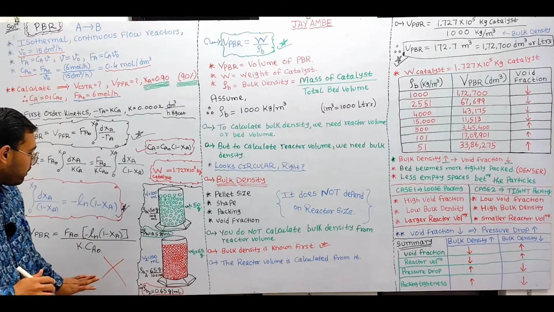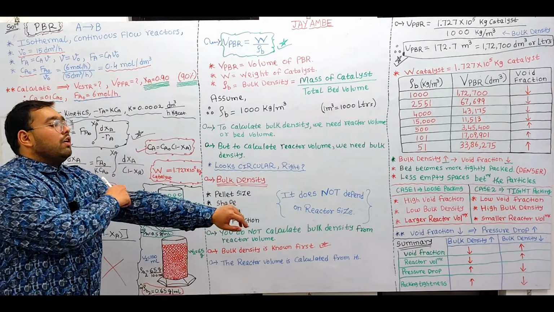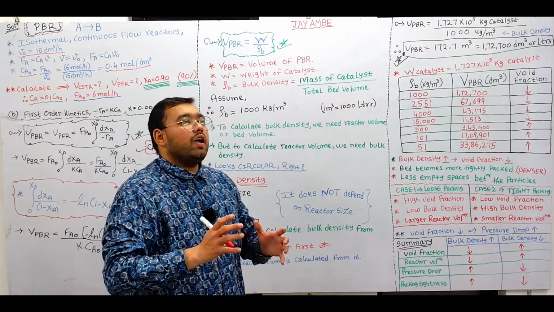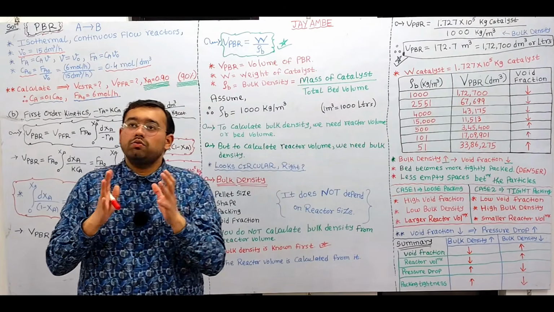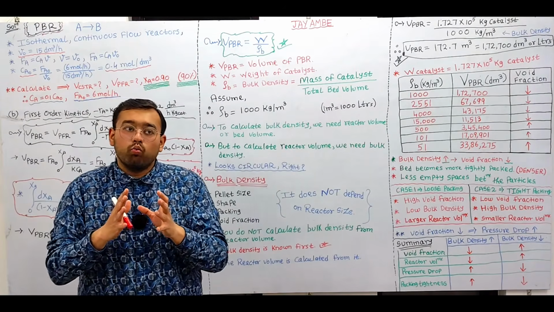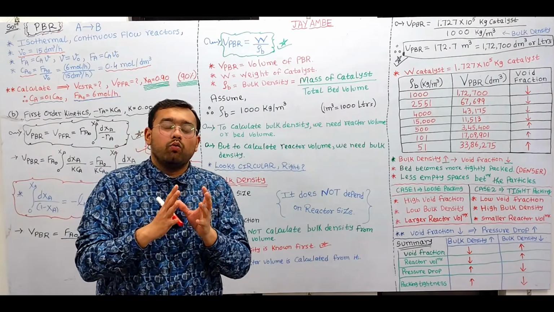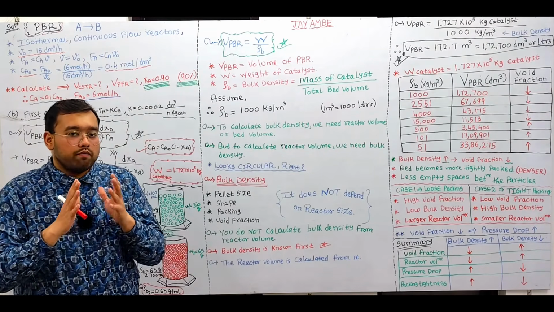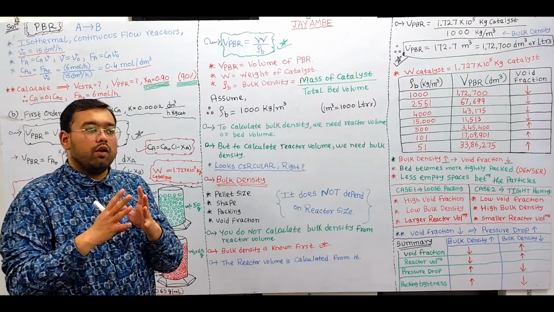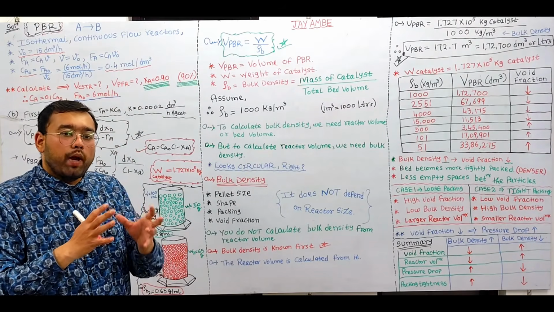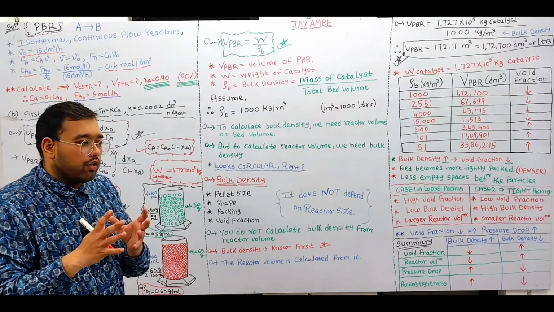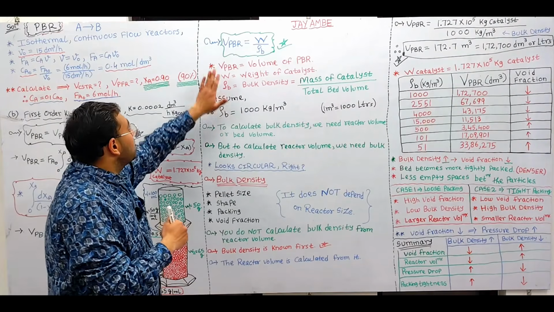I hope up to here you have understood. So in order to understand what the important points are that we keep in mind to design the volume of the packed bed reactor, and what the actual method is, we'll understand that, right? So this is the actual method: the volume of the packed bed reactor is the ratio of the weight of the solid catalyst divided by its bulk density.